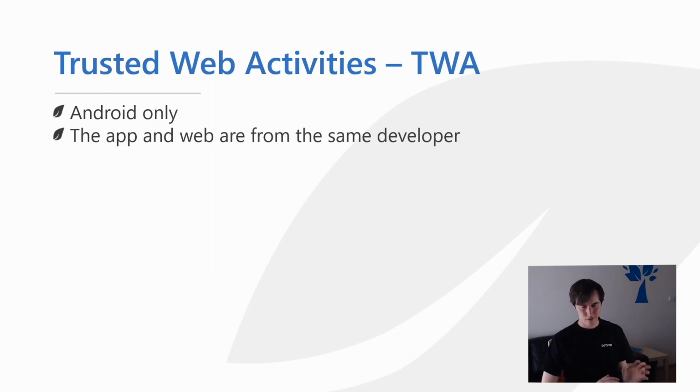The trusted part of the name suggests that this is a technique that you can use to tell that you are both the web developer, that you own the website that is running in there, and that you are the app developer, so that you created the actual application.